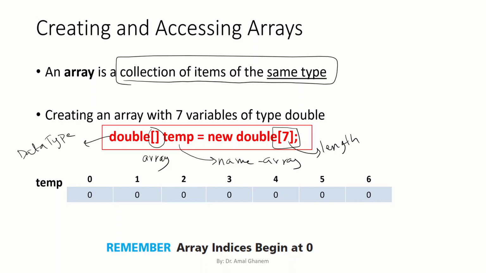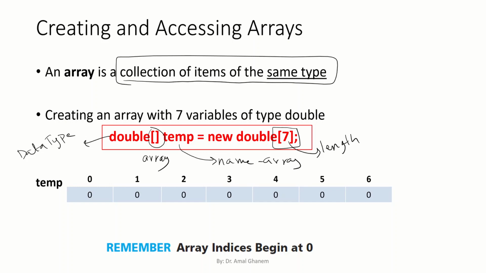Automatically, the compiler will give each of these locations a number, an index. And always, the index will start from 0. So always, the starting index, you will notice here, says 0. The second location is 1. The third location is 2, till you reach the last one.